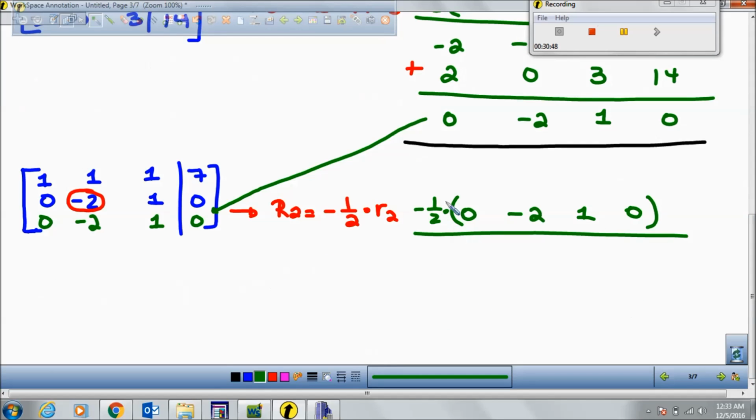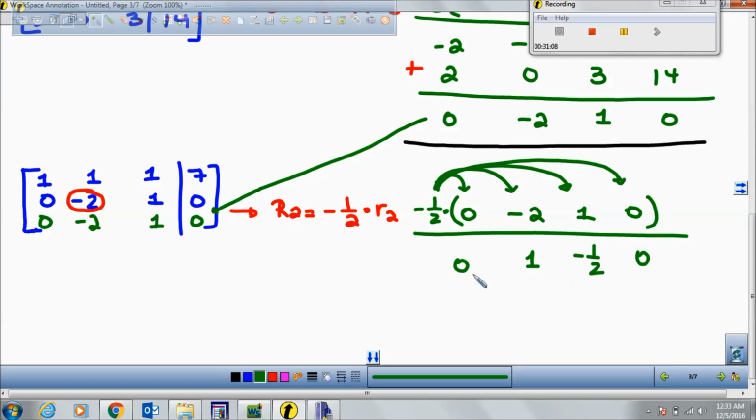So -1/2 times 0 is 0. -1/2 times -2, that's going to be a +1. Can use the calculator for that one, if you wish. -1/2 times 1 is -1/2. And -1/2 times 0 is going to be 0.